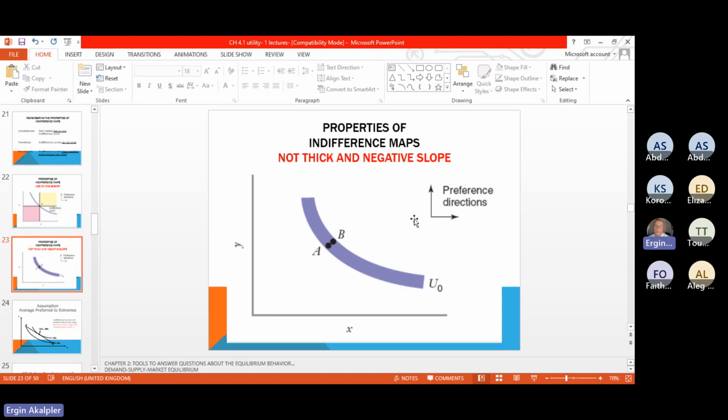Therefore, the preference between a and b is not equal, it is different, and b is supposed to be more than a. For this reason, the indifference curve cannot be thick. And it has a negative slope, because as much as you increase y, you will get less x. As much as you increase x, you will get less y. Therefore, there is a negative slope for the indifference curve because of this negative relationship between x and y.